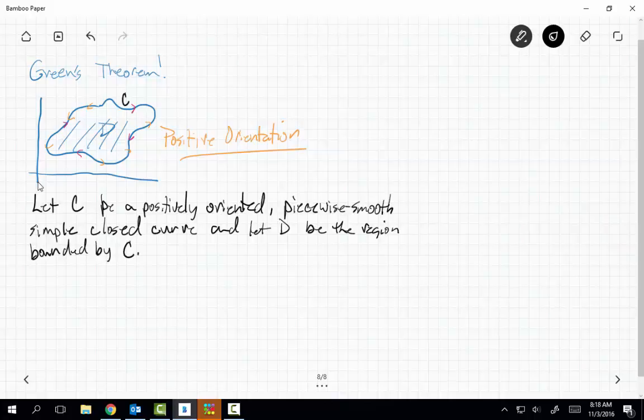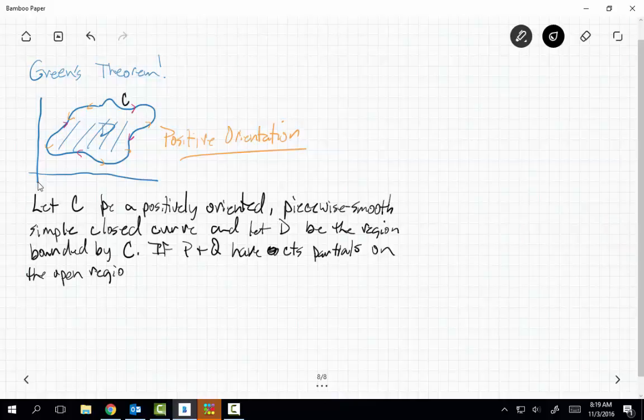Now this is going to get pretty interesting in a sec. If P and Q have continuous partials on an open region containing D. Now here we go. Remember this? What does it mean to be an open region containing D? It means you can pick a point, draw a circle, and everything within that circle is also within that region.